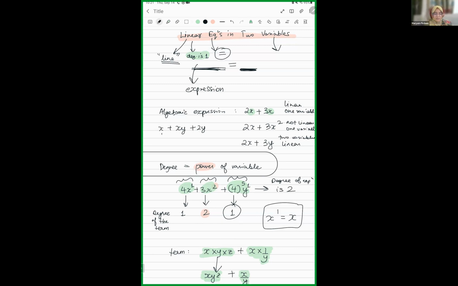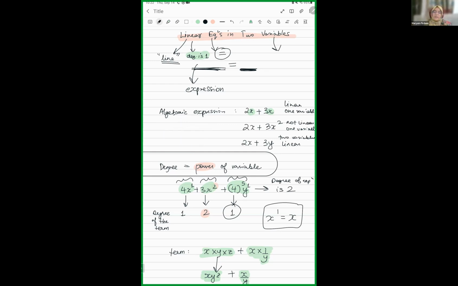Degree of the second term? It's 2, because the power of x is 1 and the power of y is also 1, so 1 plus 1 is 2. That is why the degree of this is 2 and the degree of this is 1. So the highest degree for this expression is 2. So this is not a linear expression. This does not qualify to be a linear expression.